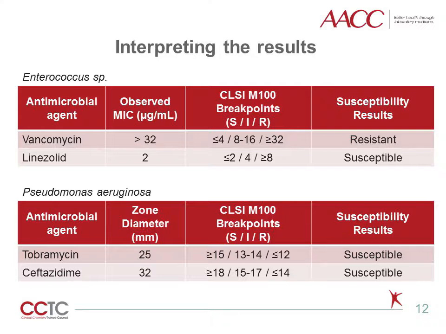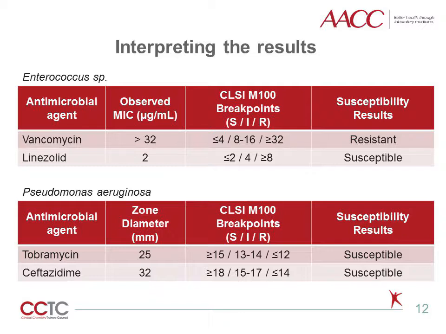In the broth microdilution example, the Enterococcus isolate with a vancomycin MIC of greater than 32 will be categorized as resistant and thus will be a vancomycin-resistant Enterococcus, also known as VRE. The clinician receiving this result will know not to treat this patient with vancomycin and instead may treat with linezolid since it is tested susceptible.